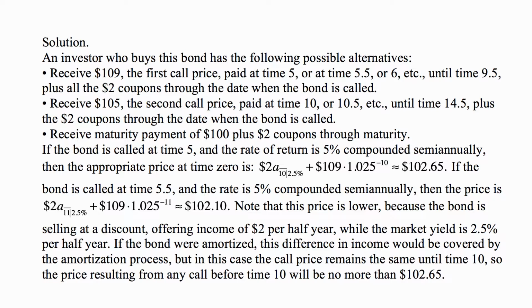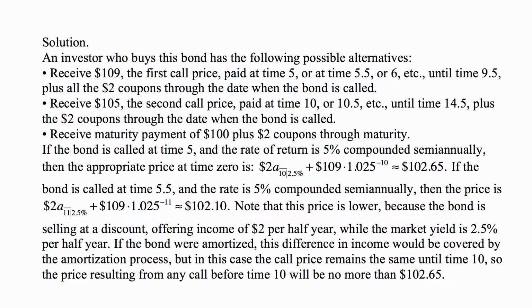If the bond is called at time 5, and the rate of return is 5% compounded semi-annually, then the appropriate price at time 0 is $2 coupon paid over 10 half-a-year periods.